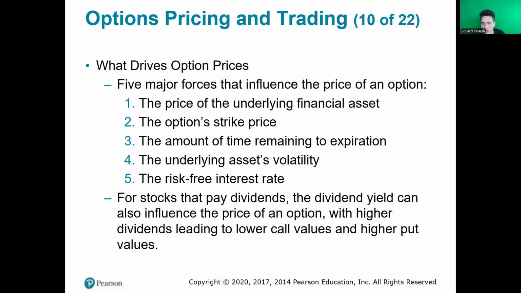And so the call option, the right to buy the stock for the expensive price, will be less valuable. So usually the dividend yield goes in the opposite direction with call options, but in the same direction with put options. When dividend yield goes up, put options increase in value, but the call will decrease.